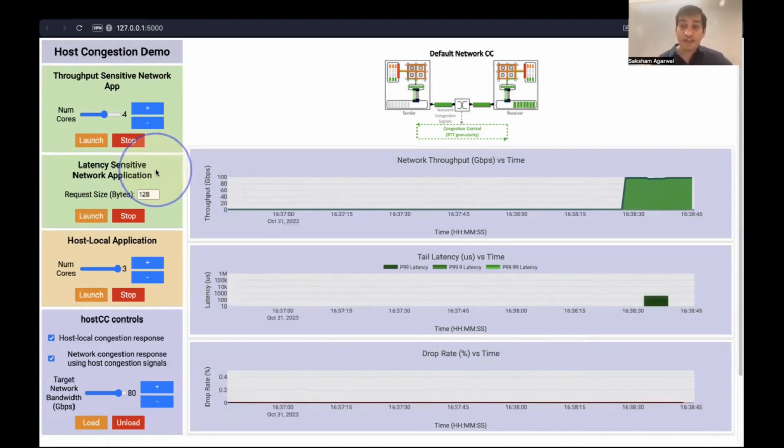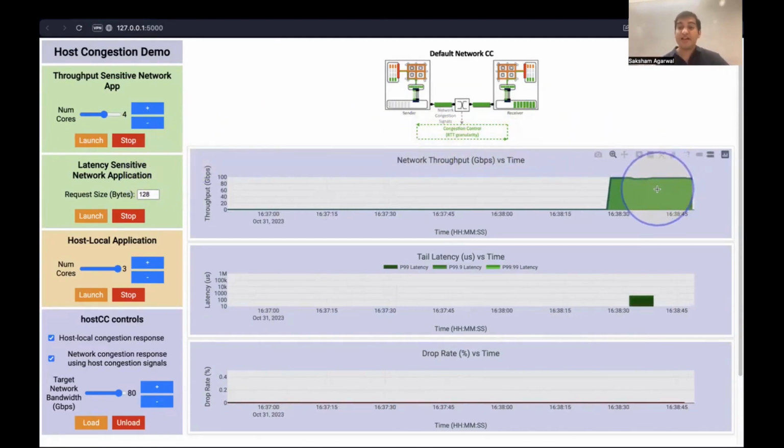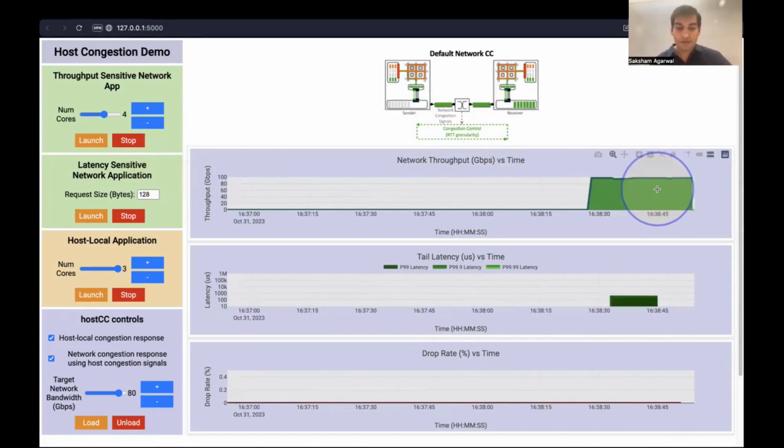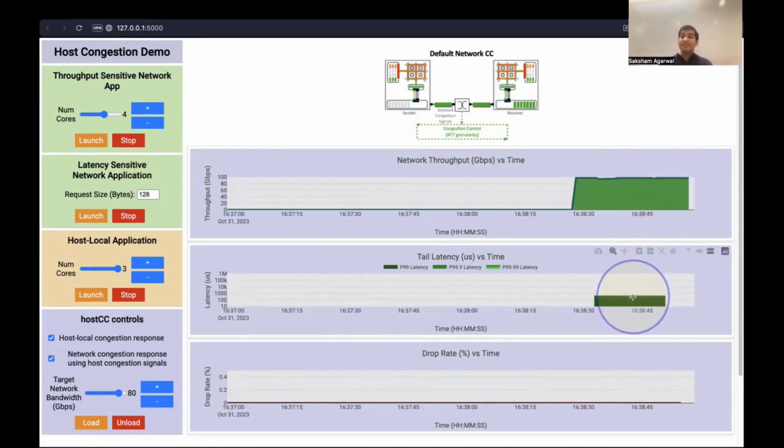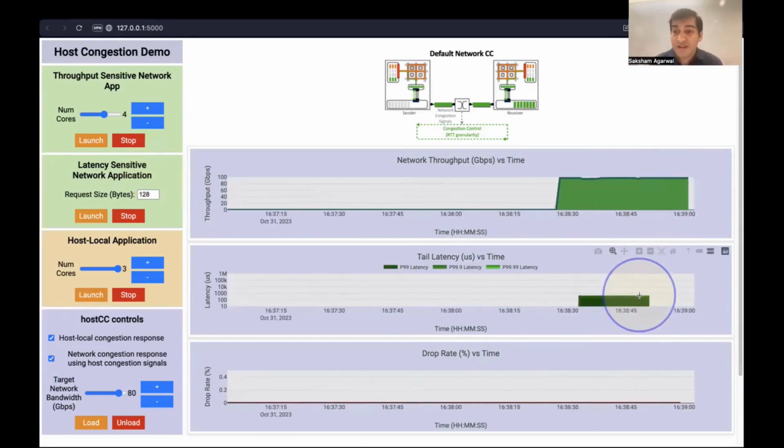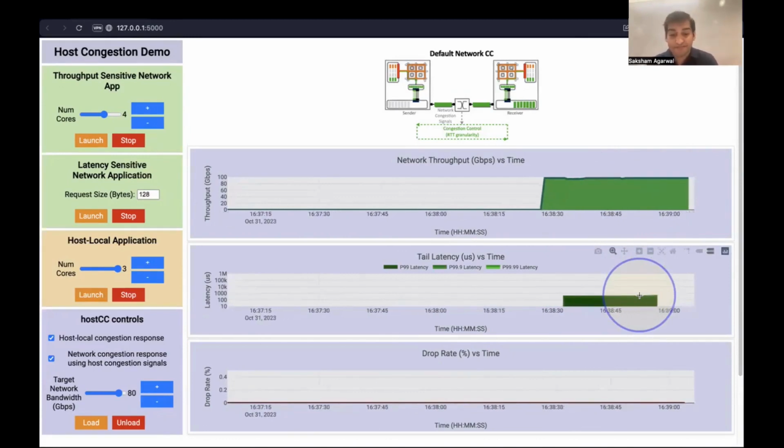In the default no congestion scenario, we observe that the throughput-sensitive application saturates our access link bandwidth of 100 Gbps. The latency-sensitive application achieves tail latencies around 100 microseconds, even at very high tails like P99.9.